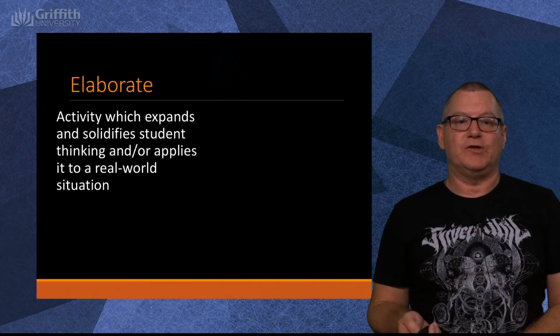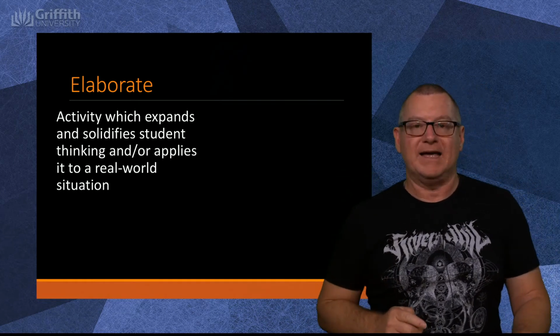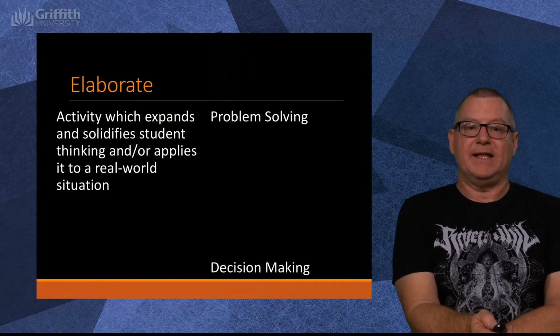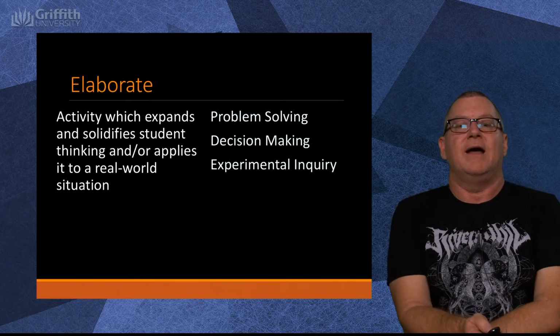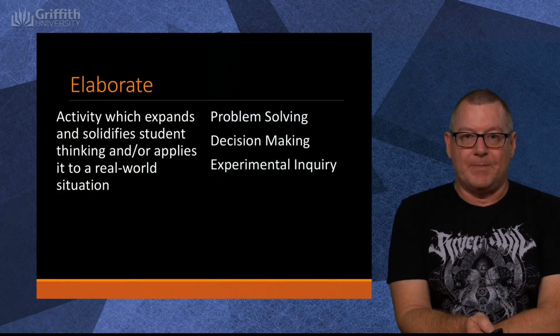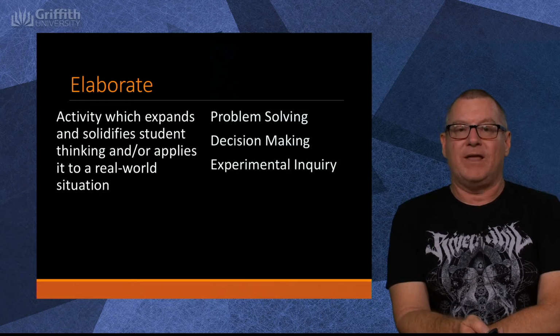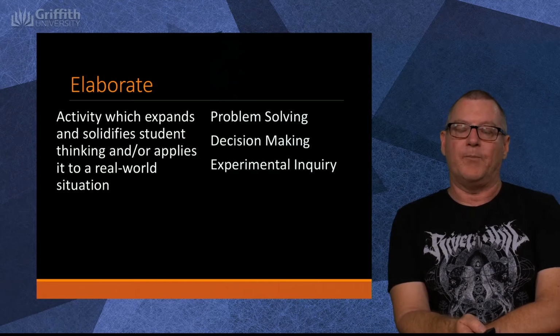Expanding and solidifying student thinking, applying it in the real world. So application is also one of those higher level thinking skills. So activities might include things like problem solving and decision making. Do you make a judgment about which is the best plastic recycling scheme? Something like that, where you have to apply the knowledge that you've developed over the course of the unit to solve a real world problem.